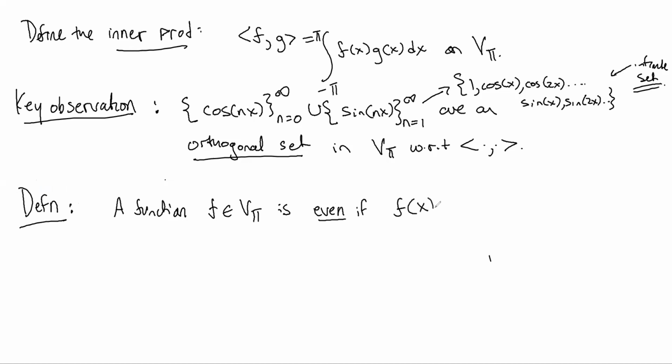Even just means f of x equals f of minus x for every x. And it's odd if f of minus x equals minus f of x.